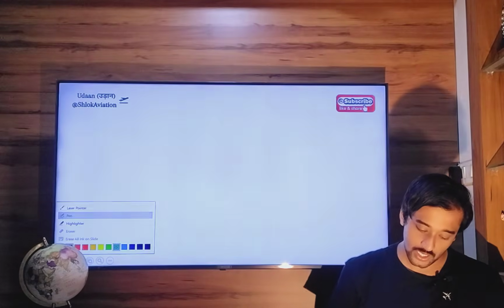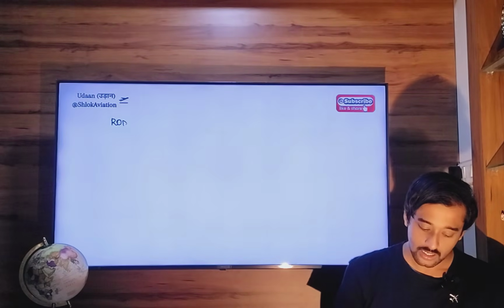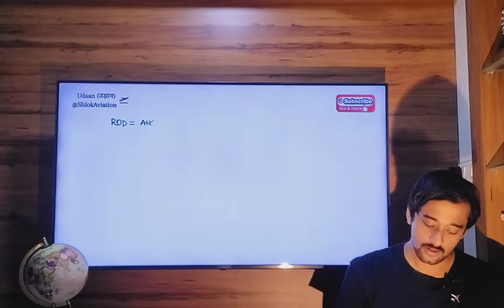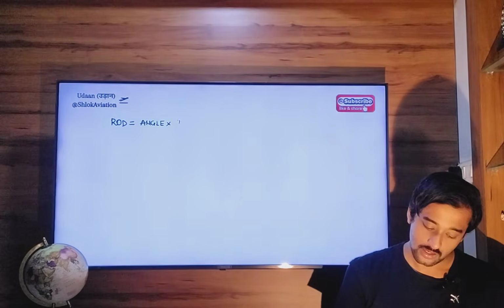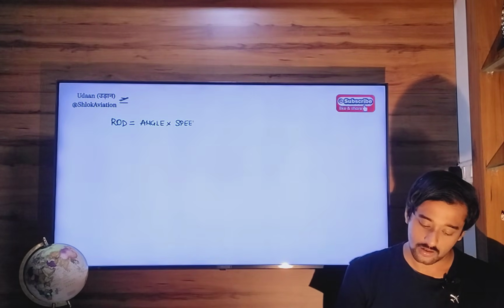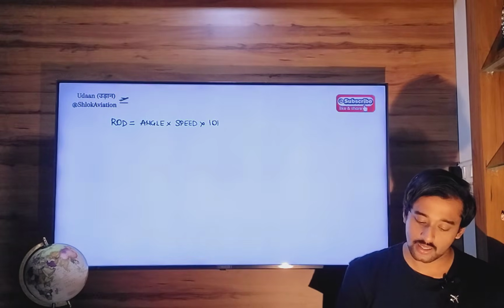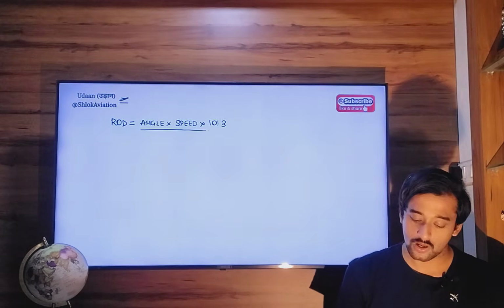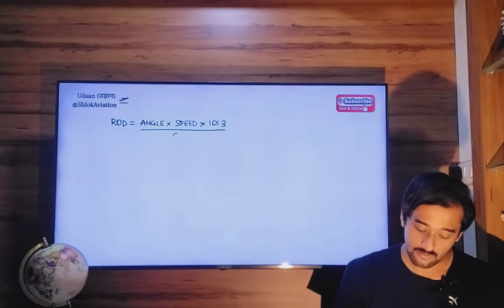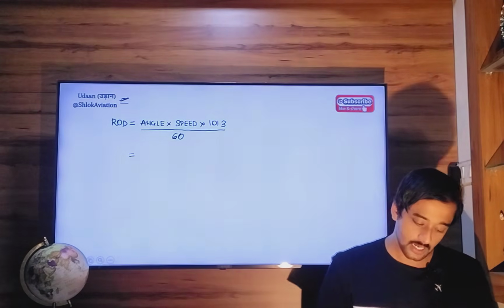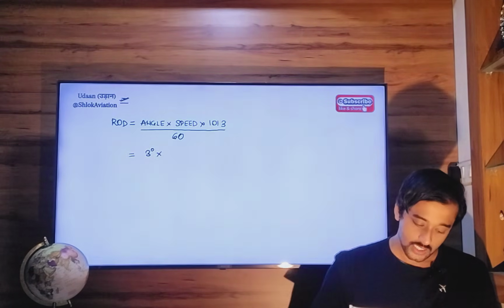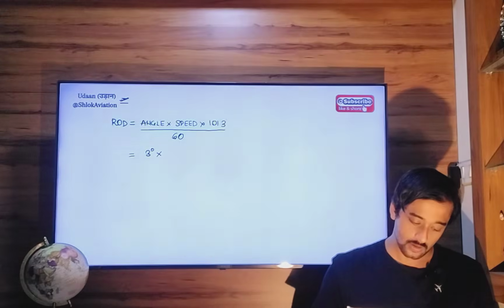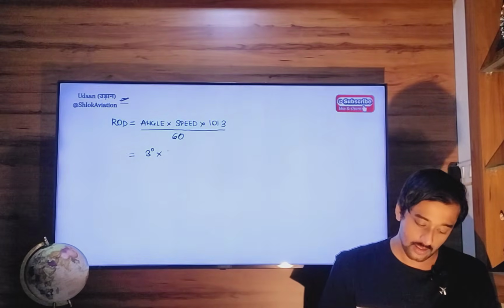Now the formula is rate of descent equals glide angle times speed times 101.3, converting knots into corresponding feet per minute, divided by 60. Angle is 3 degrees. Speed is 120.